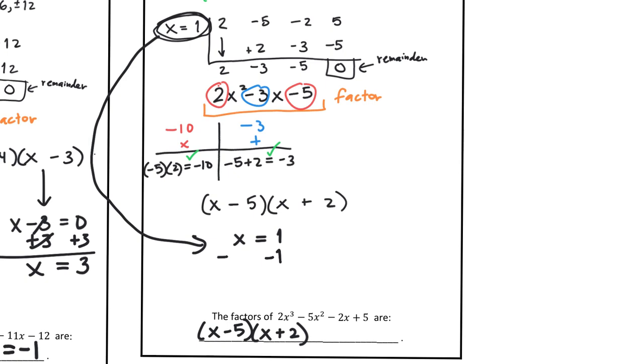Subtract 1. So I'm going to subtract 1 on both sides. That's going to give me x minus 1 equals 0. And so this x minus 1 is my third factor, which I'm going to copy down here, x minus 1.